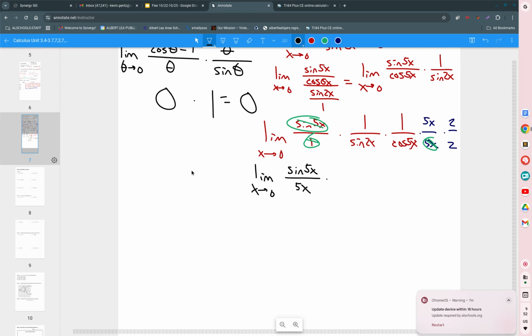Times what? 2x over sine of 2x. Good. I've used up the 2 and the x and the sine of 2x in that one. Times 1 over the cosine of 5x times 5 over 2 is what remains.